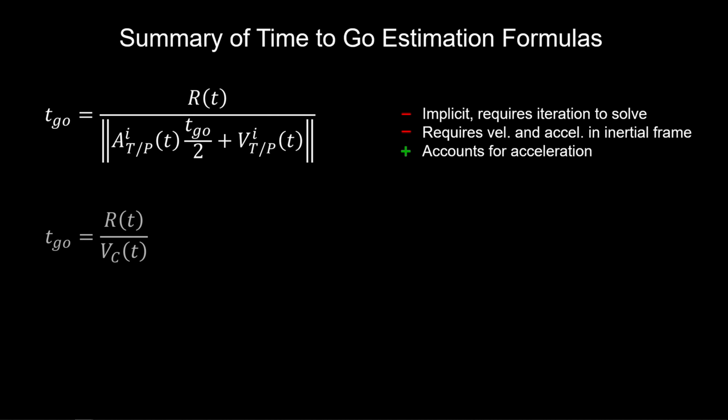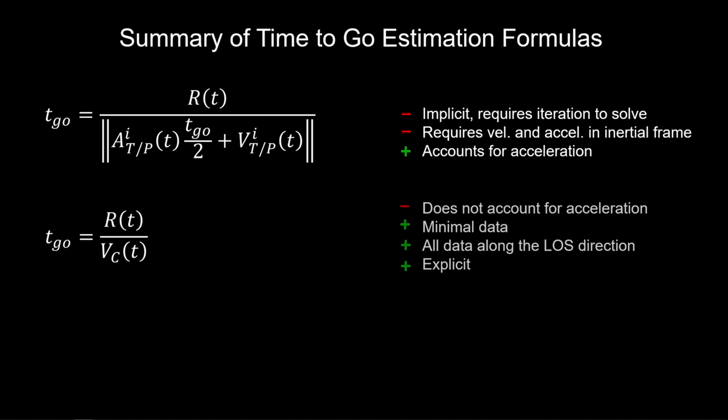Our second estimation formula was derived from the first formula. On the downside, it does not account for acceleration, and it also assumes relative velocity magnitude is approximately closing velocity. On the plus side, it's simple. It requires minimal data, all resolved along the line of sight direction, and it's explicit.